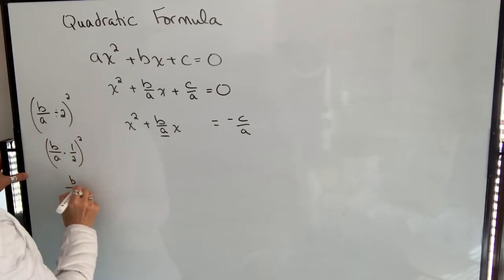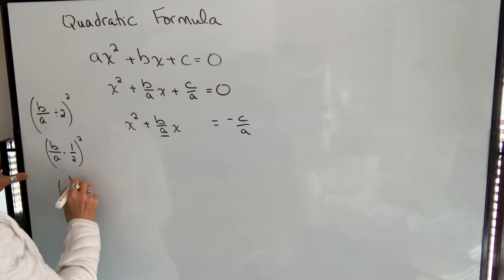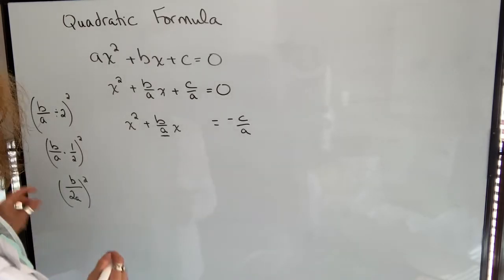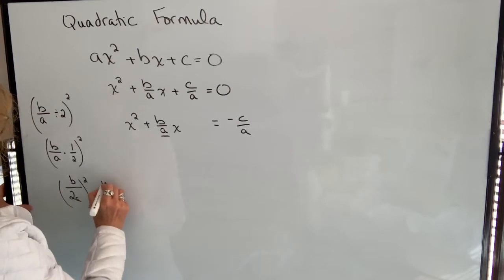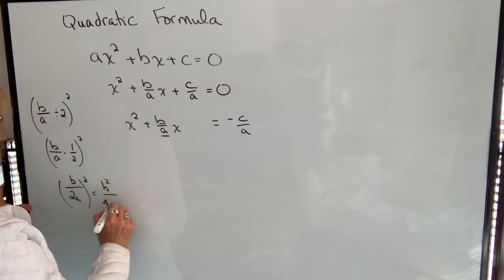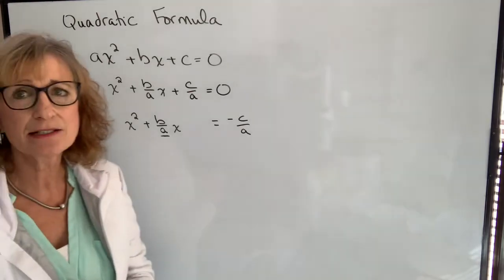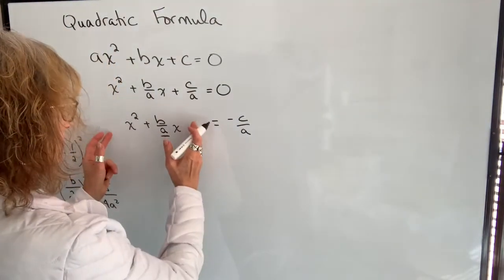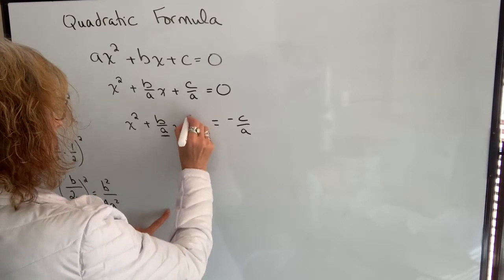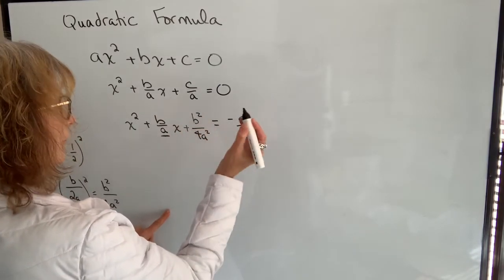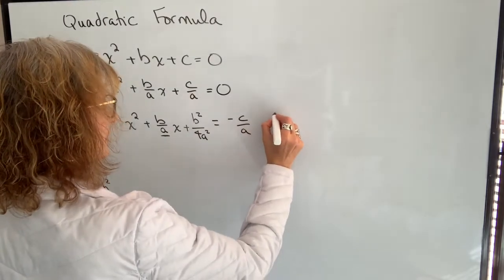So that's going to be b over 2a, and I'm going to square it, which is b squared over 4a squared. That's what I'm going to add to both sides to make this a perfect square. So I'm going to add b squared over 4a squared. Whatever I do to this side, I have to do the same thing to the other side.